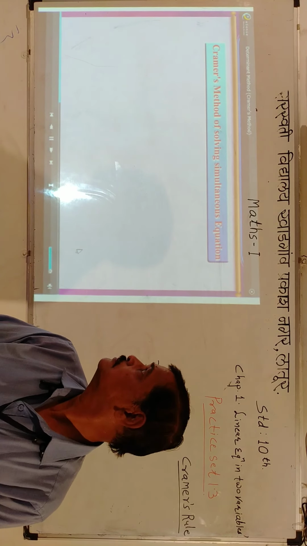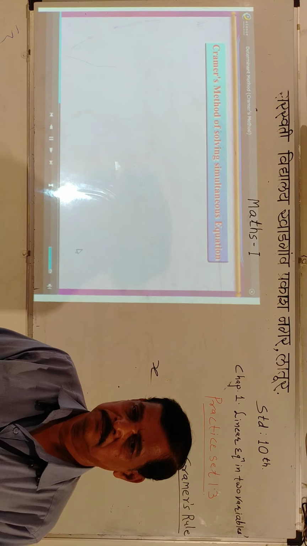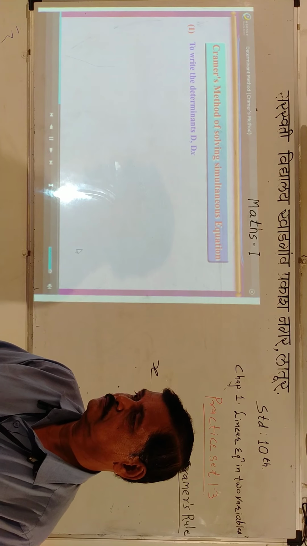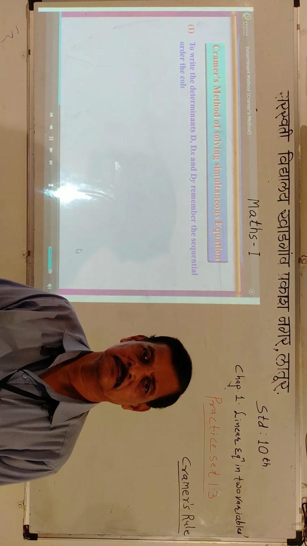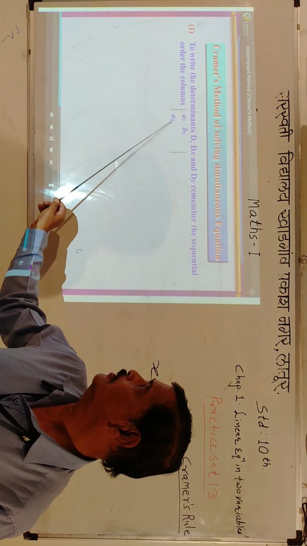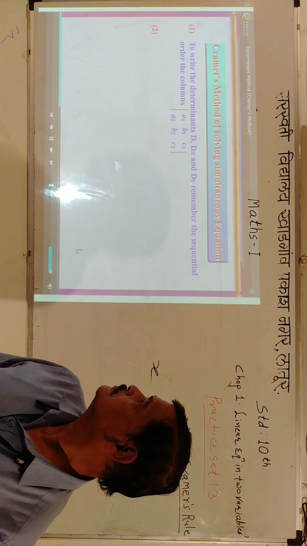We will put Cramer's method of solving simultaneous equations in a nutshell. 1. Write the determinants d, dx and dy. Remember the sequential order of the columns: a1, a2, b1, b2, c1, c2. 2.